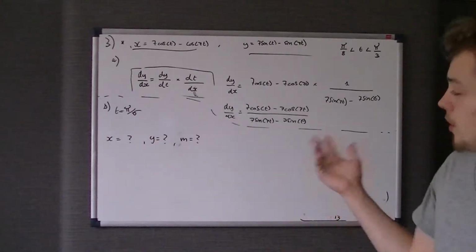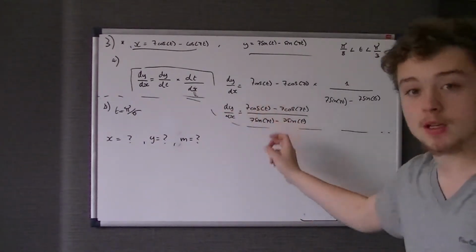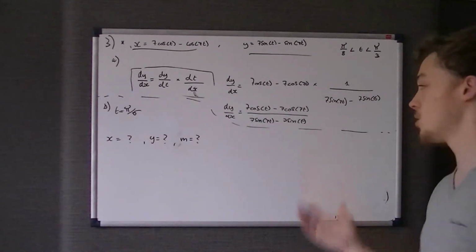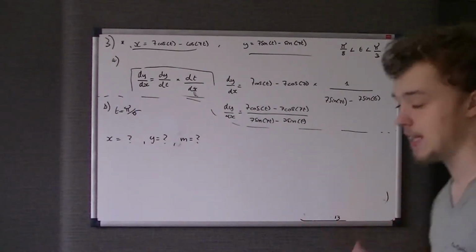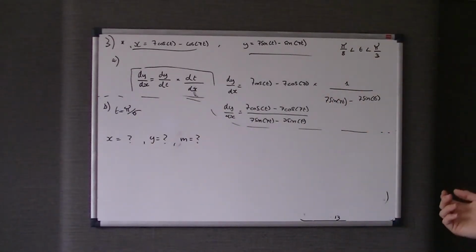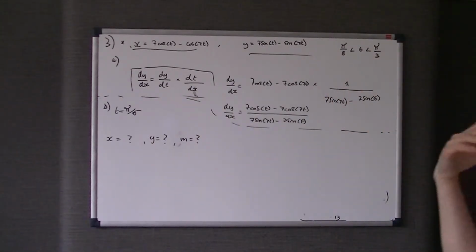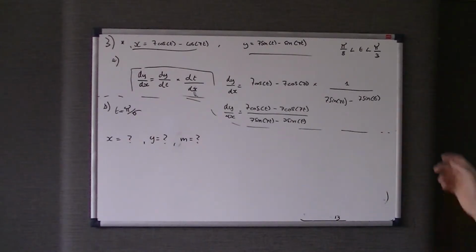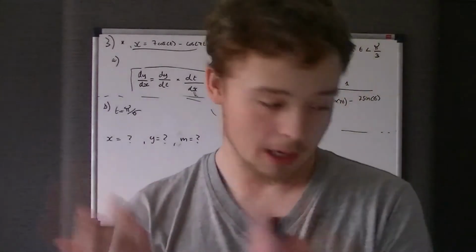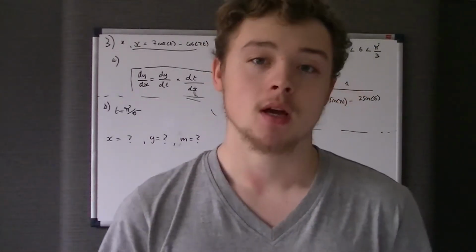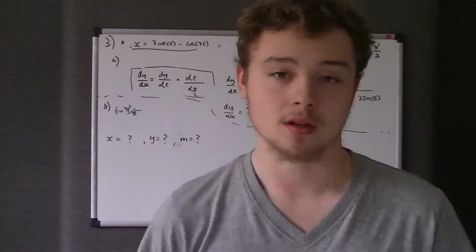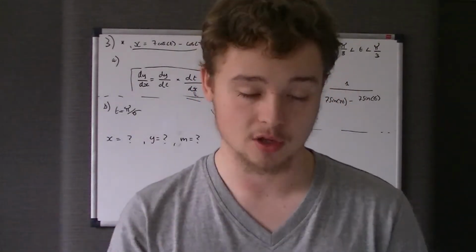Now remember, this is the gradient of the curve, this is not the gradient of the normal. I'll name both ways and then go through the most obvious one. What you would naturally do is use t, sub it in there, get the gradient for the curve, work out whatever answer that might be, do the negative reciprocal of that, and then just use the standard equation for a straight line.